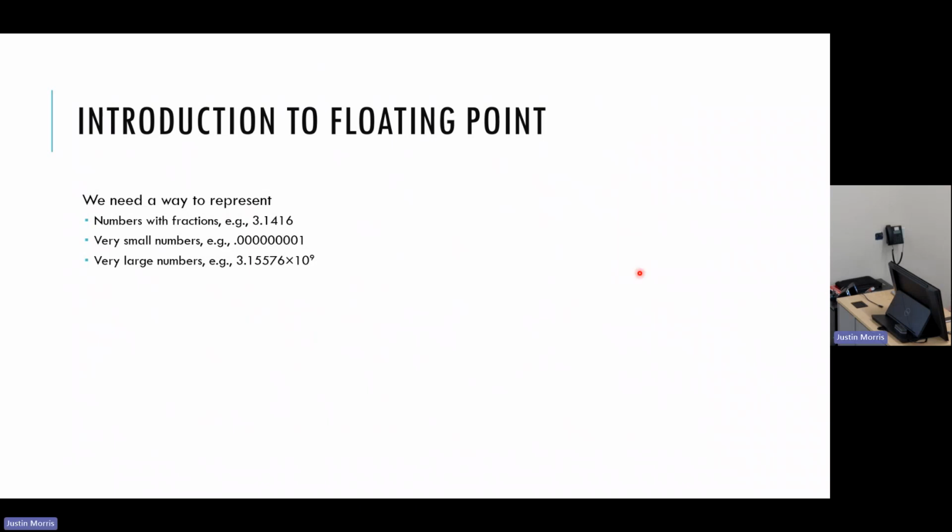It's basically similar to scientific notation that you already have prior knowledge with, and it allows us to represent much larger numbers or very, very small fractional numbers rather than having fixed points.